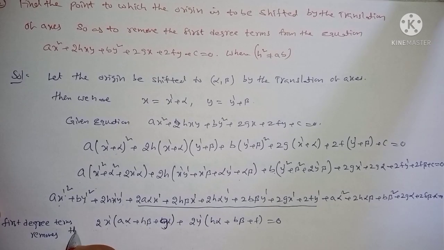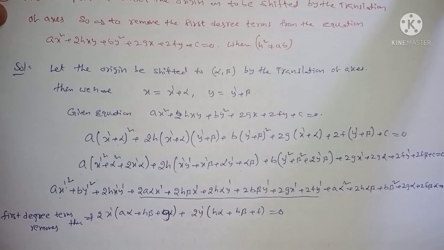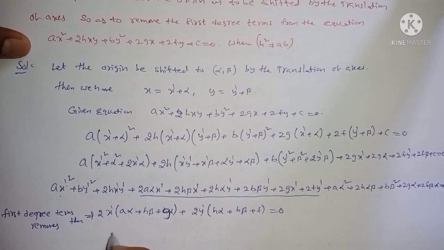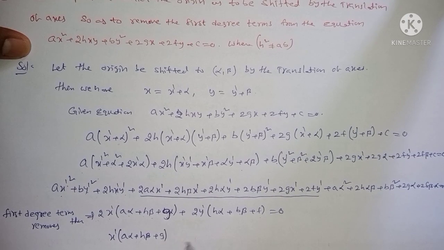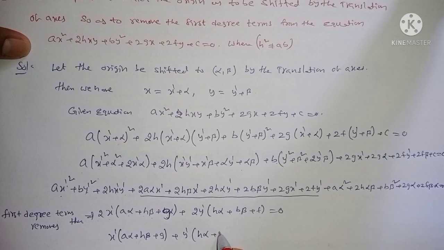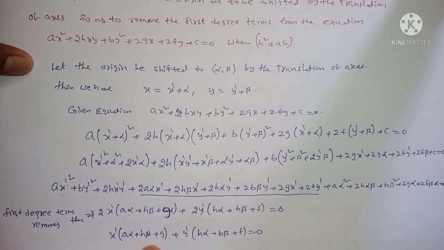Therefore, observe here, I can write again. Taking the 2x dash common, what remains is x dash of a alpha plus h beta plus g, plus y dash of h alpha plus b beta plus f, is equal to 0. This is 0 and this is also 0.